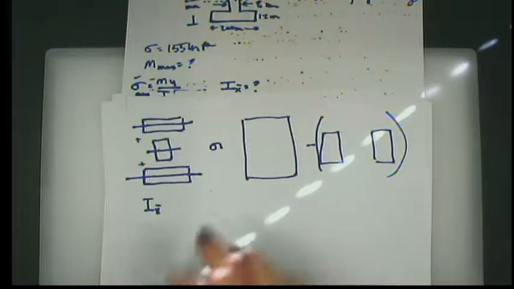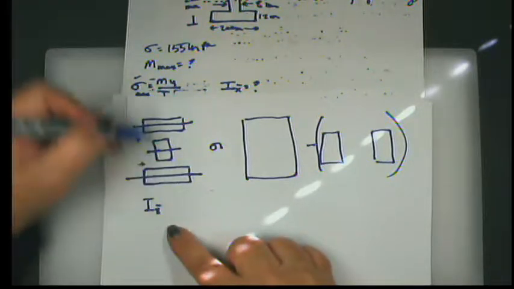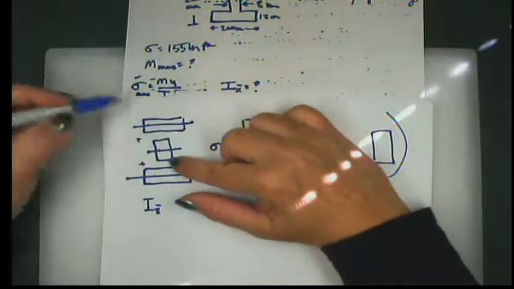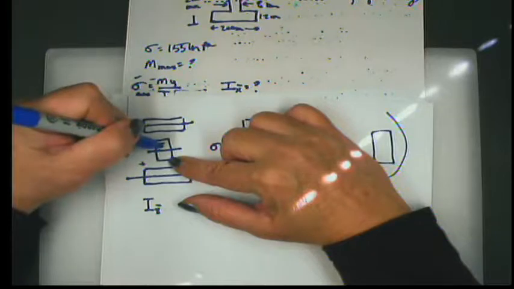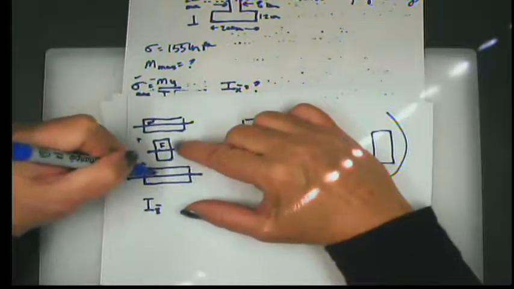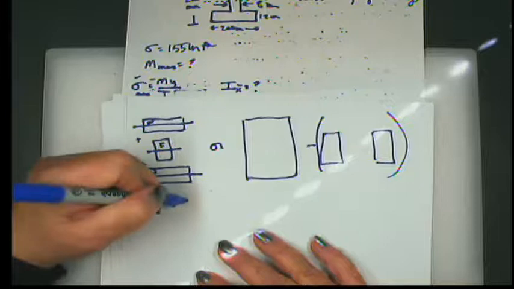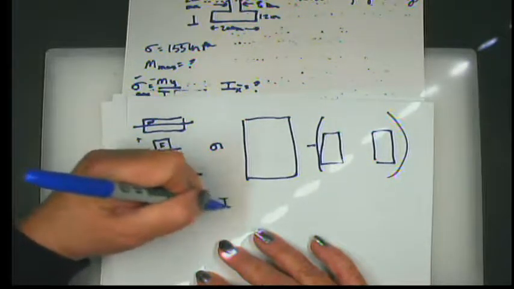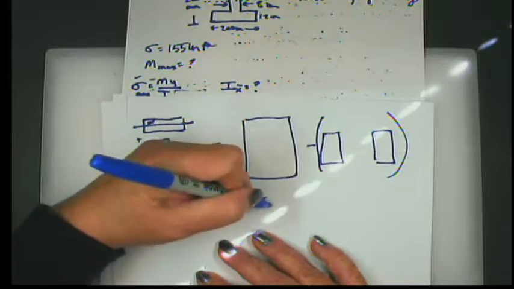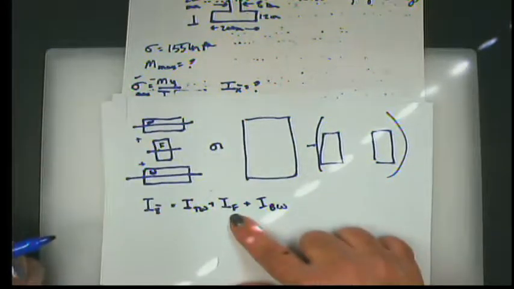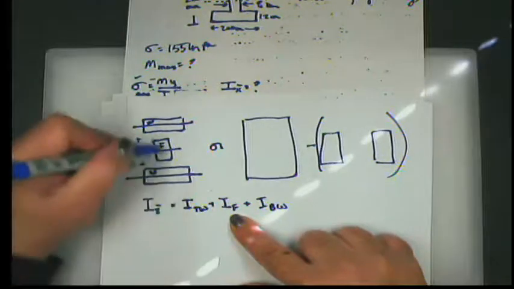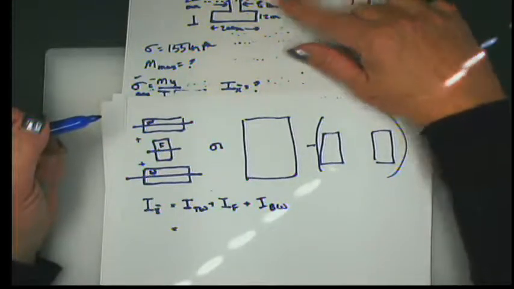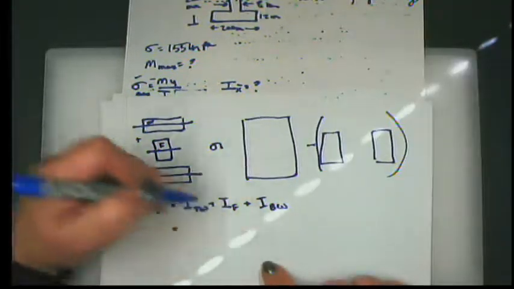So there you go. In order to find I sub x, I'm going to call this the top. These are called webs, and this is called the flange, or the other way around. But I think it's this way. So it's going to equal the I of the top web plus the I of the flange plus the I of the bottom web. So I sub f is easy because the flange has the same neutral axis as the entire shape.